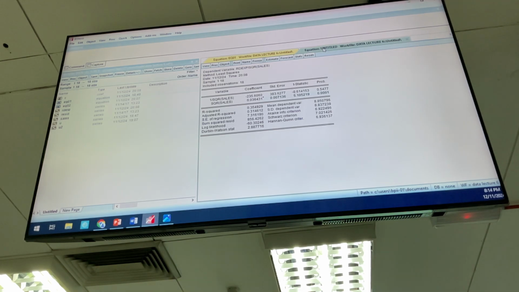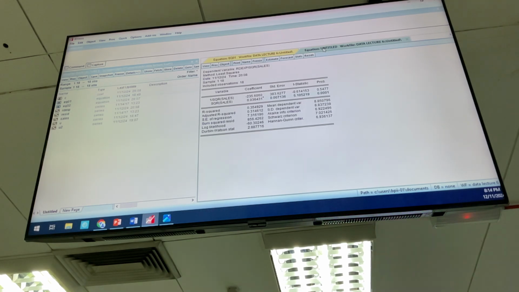So this is just a number of possible approaches that we can use to remedy the problem of heteroscedasticity, but not necessarily that each approach is able to lessen or overcome the problem.